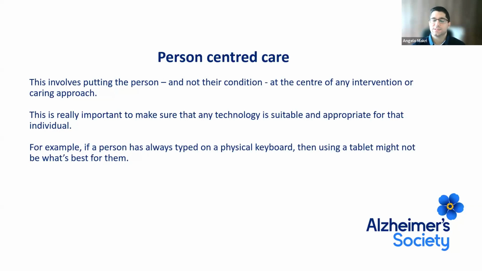An example of this is if a person has always typed on a physical keyboard, then using a tablet might feel a bit alien to them. They might not be very happy doing that.